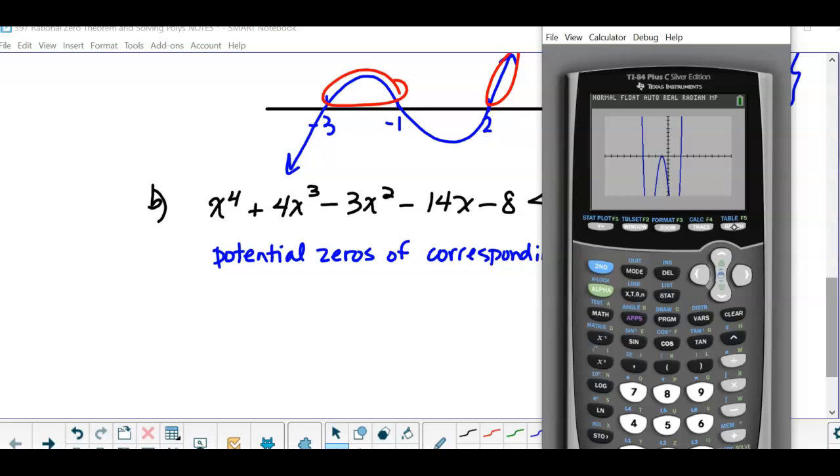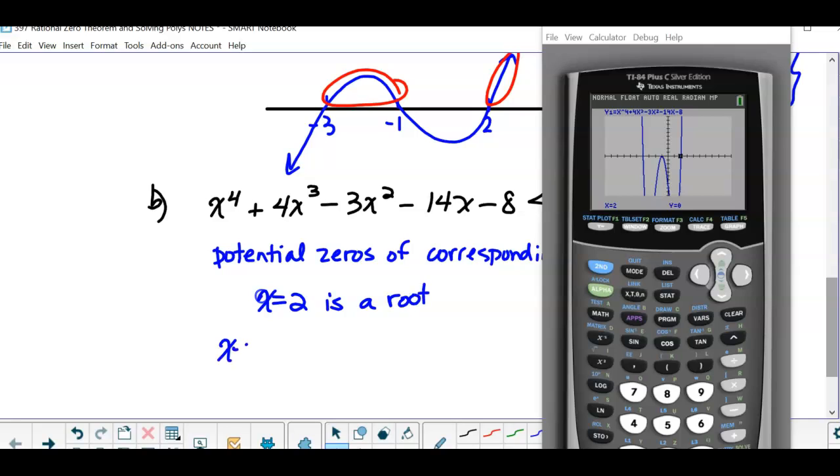So this one looks like 2, -2, -4. I always like to choose the positive ones, although really that ends up being negative in your binomial. So really totally up to you. But just always check to make sure it's 0, because it could be very close to that, and with the pixel sizes of your calculator, you can't tell. So it looks like 2 works. So x equals 2 is a root of the corresponding equation.